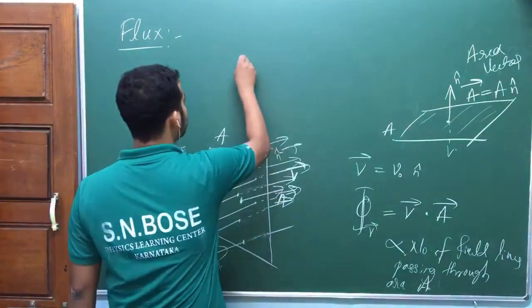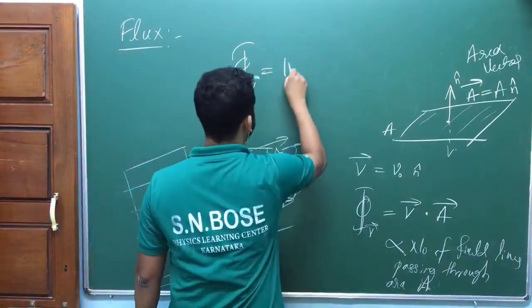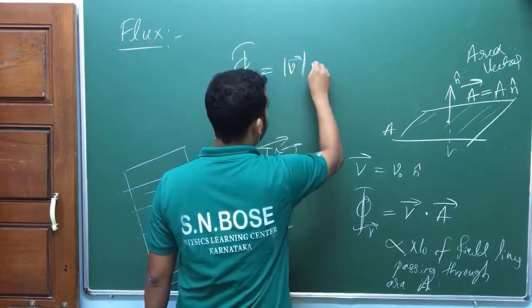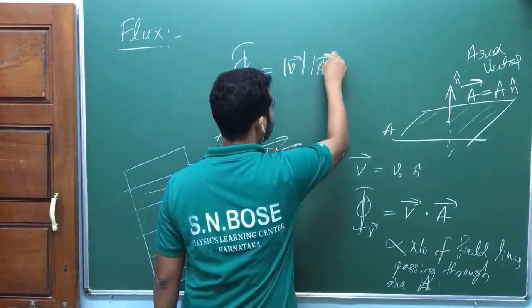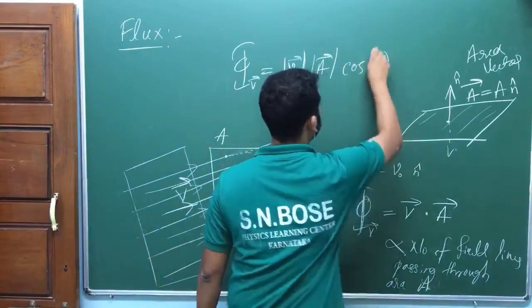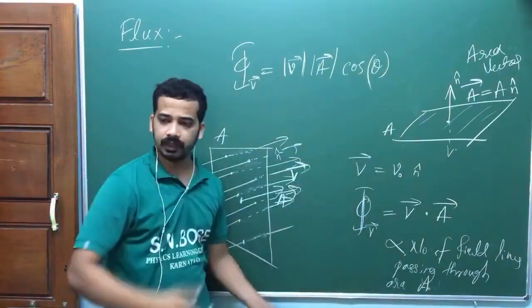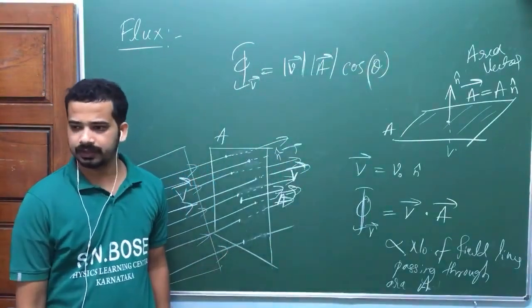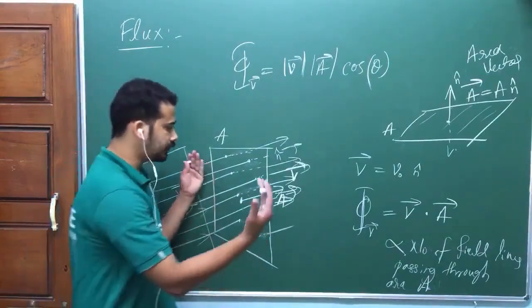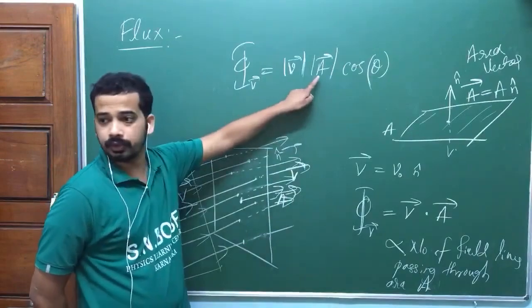Remember, this depends on the magnitude of V, the magnitude of the area vector, that means the area itself, and the cos of the angle between them. If you increase the surface area, the number of field lines passing through will increase, am I right? If you decrease the area, the number of field lines will decrease. It is proportional to area.